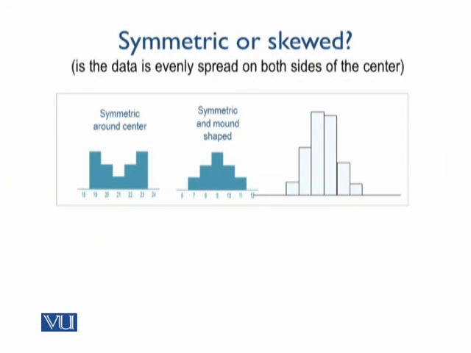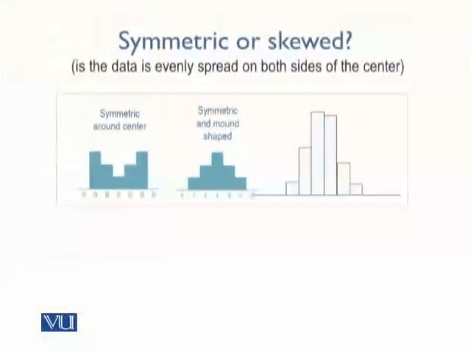When you have a symmetric distribution, the data on either side of the center are mirror images of each other. As you can see in the slide, two symmetric distributions are shown, and the first distribution is not mound shaped. Still, because on both sides of the center you have mirror images, you would call this a symmetric distribution.